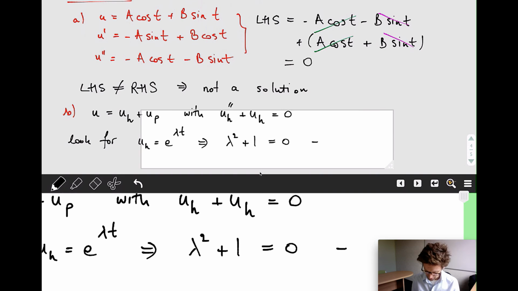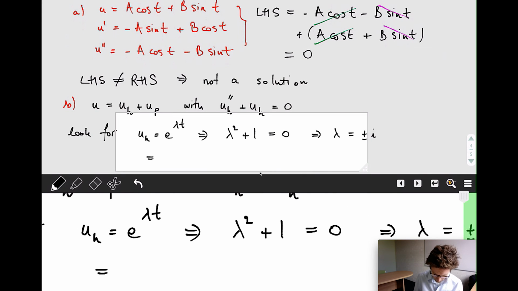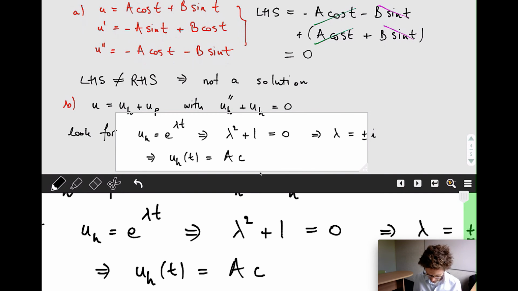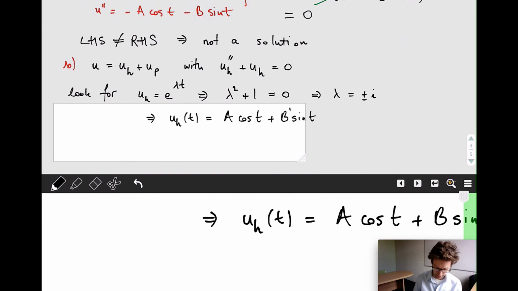This has solutions lambda equal to plus or minus i, which means that my homogeneous solution is a times cosine t plus b sine t. But we know from part A that that's not the full solution. If I substitute this into my differential equation, I don't get a solution. It doesn't balance out the right-hand side. So I still need to find the particular solution to deal with that right-hand side.